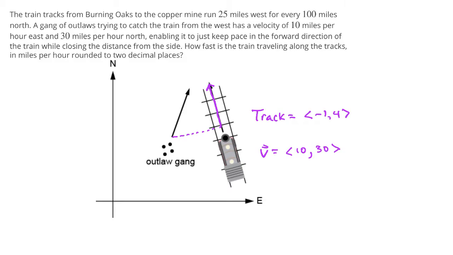So what we want is the component of our velocity vector in the direction of our track vector. For that, we have our track vector dotted with our velocity vector, divided by the square root of the track vector dotted with itself. So let's go ahead and make that computation and see what our velocity is going to be.